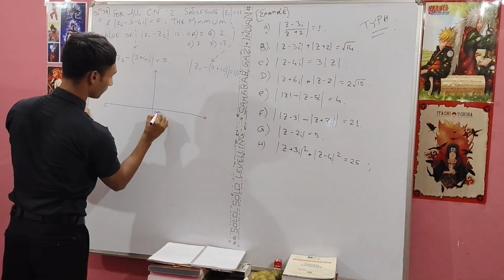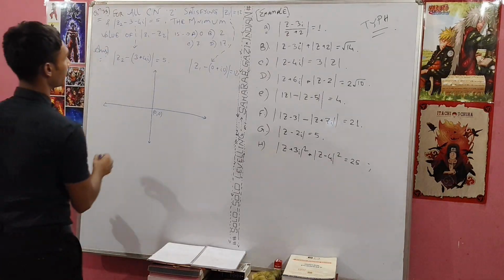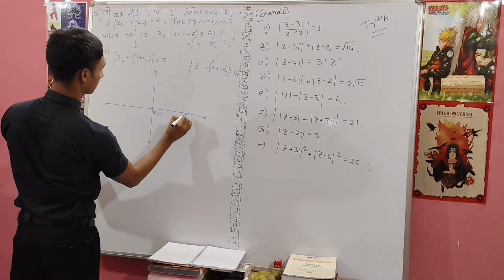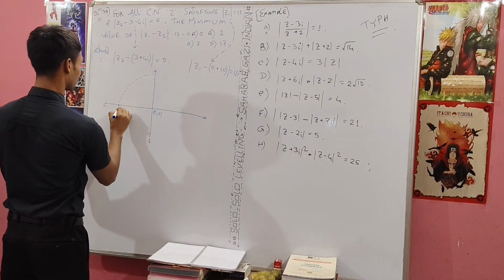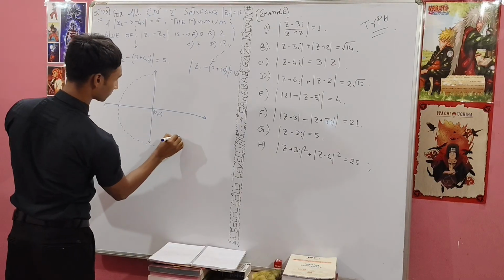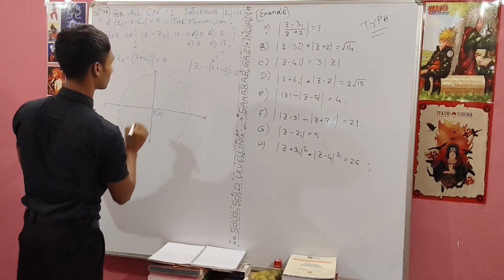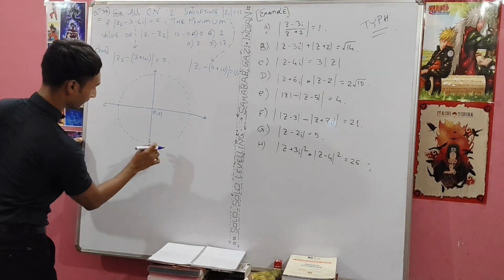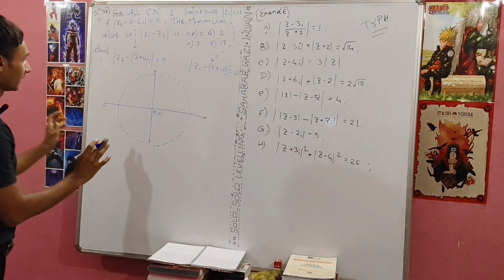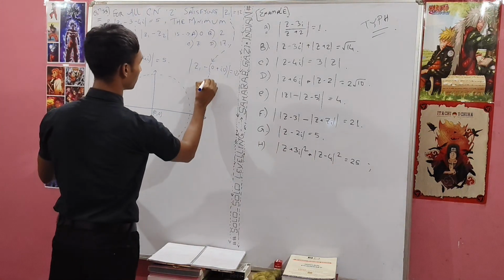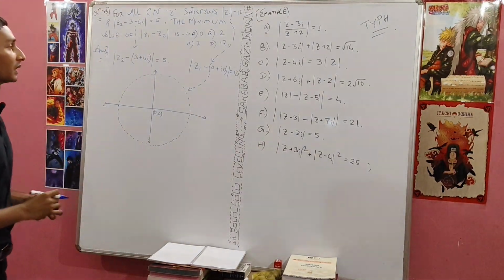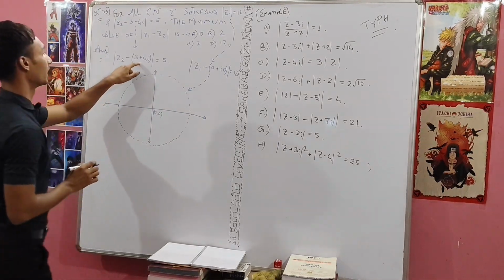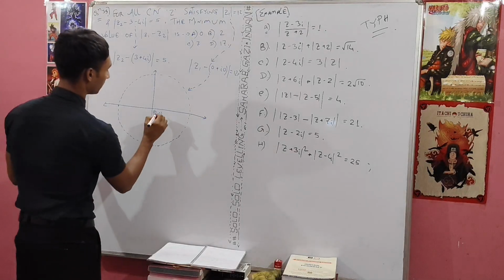This is 0,0. Now 12 units distance, let's suppose this is 12 units. I hope it looks like a circle. Let's suppose this one is mod of z1 is equal to 12. Second, this one: its center lies at 3,4, right?